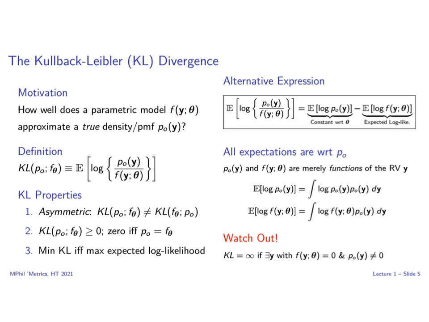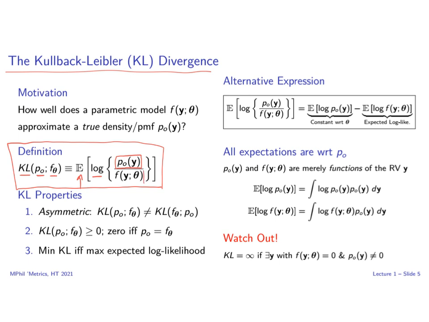We define the Kullback-Leibler divergence from p naught to the parametric model f theta, denoted KL of p naught semicolon f theta, as follows. It's the expectation of the logarithm of the ratio of p naught of y, the true unknown density, to the model f of y, theta.